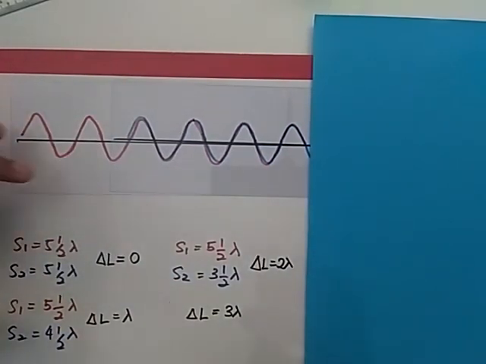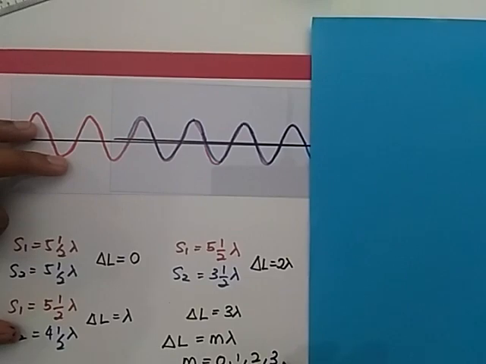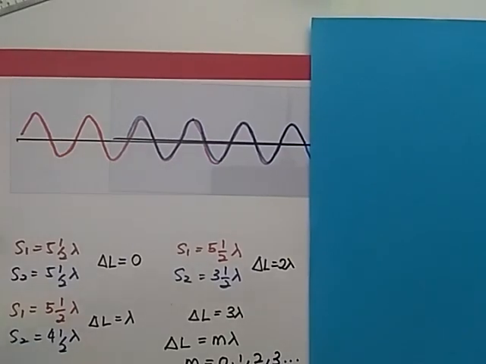Therefore, saya boleh conclude condition for constructive interference for two sources that are in phase is m lambda, in which m is equals to 0, 1, 2, 3 and so on.